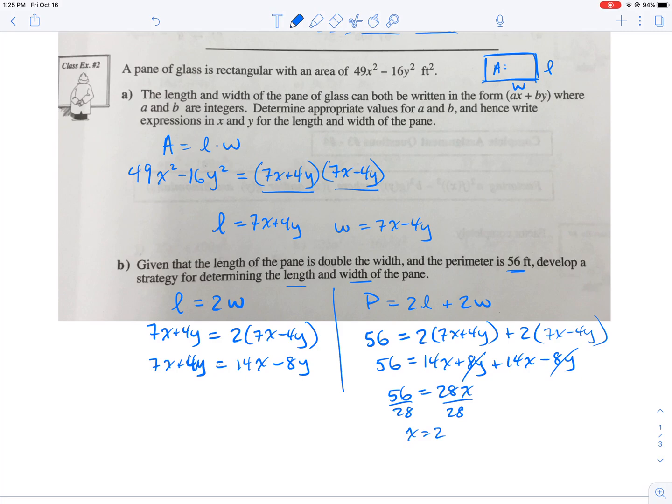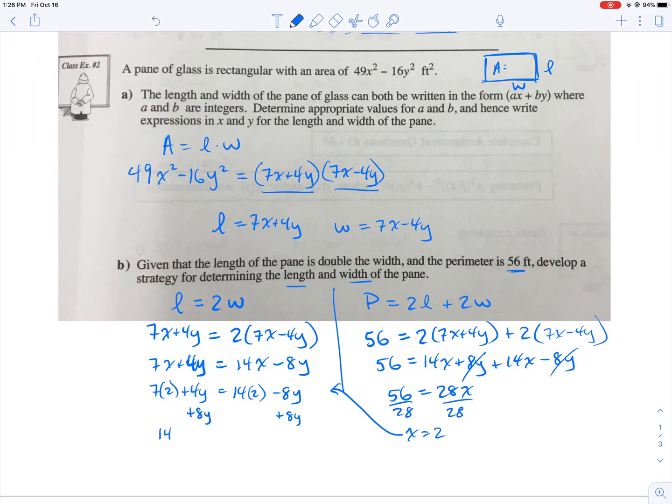So if x is 2, let's substitute that in. 7 times 2 plus 4y equals 14 times 2 minus 8y. I've effectively gotten rid of one of my variables, so now I just have one variable. I'm going to bring my y's to the left so that they can be positive. I like having positive values.